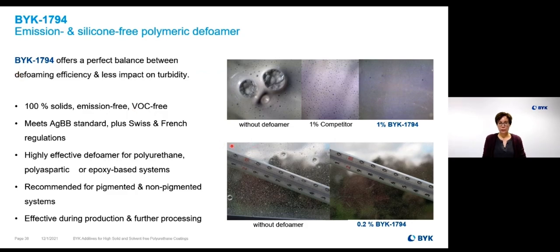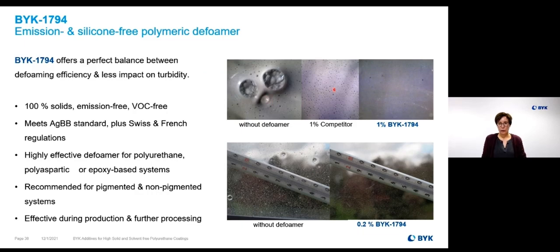And that is what you see, for example, here. Without defoamer, you have foam. That was a PE foil, and in the background you see some trees. And right-hand side, there's also a foil with a clear coat and 0.2% Book 1794, and you do not see any foam bubbles, and there is no turbidity.